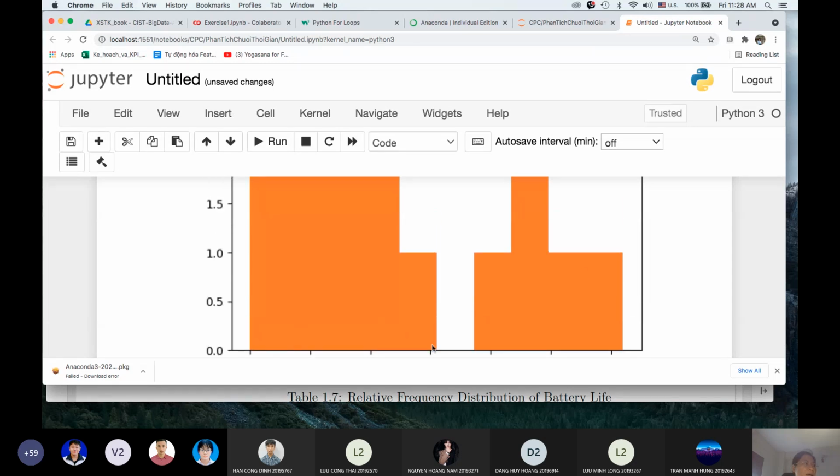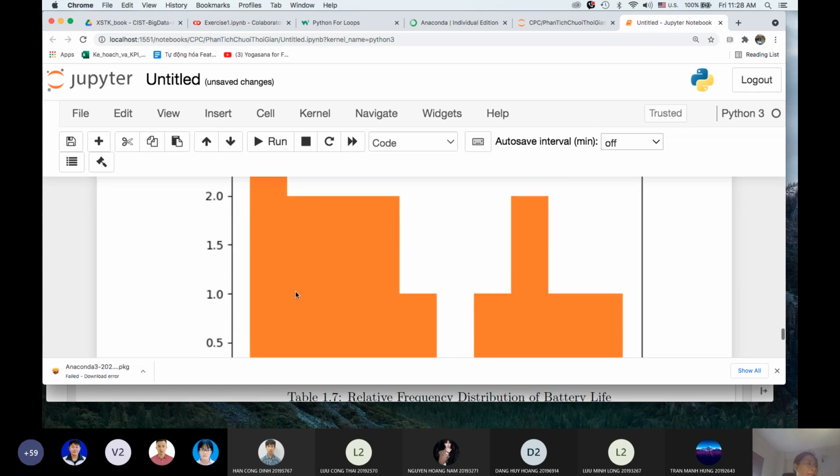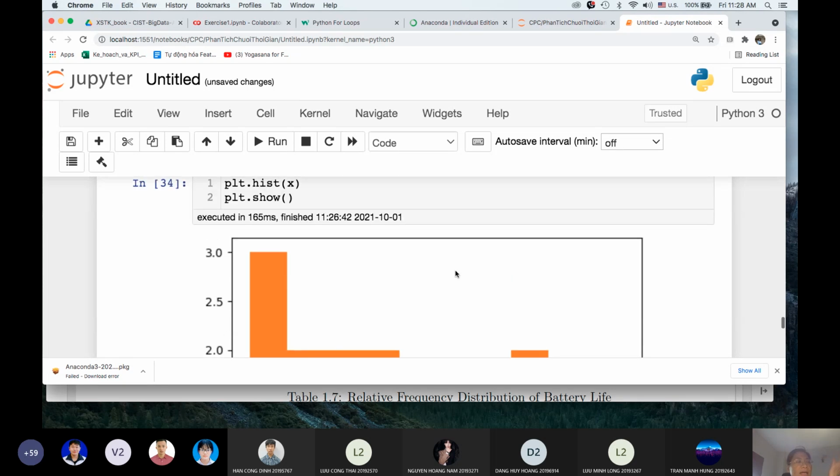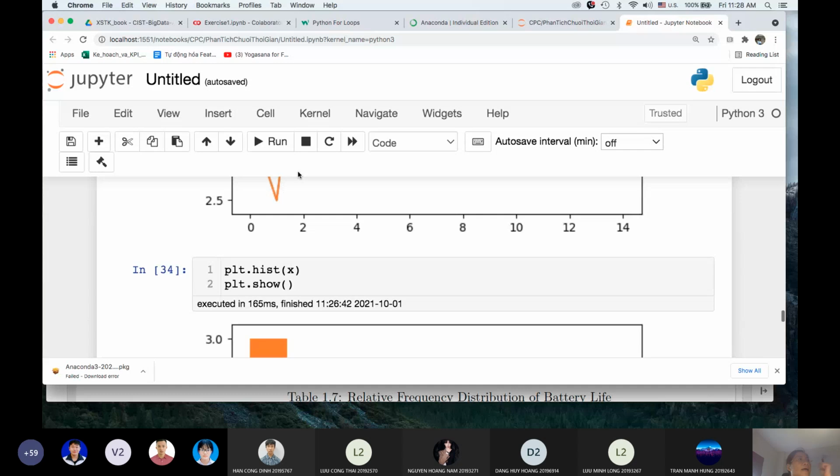It means the horizontal axis is the value of X, and the vertical axis is the frequency of appearance of the data. Okay. Now you will practice with other data in the exercise and show the histogram and plots like this.